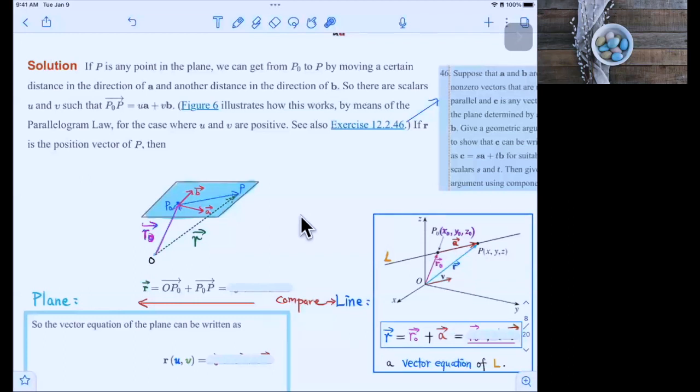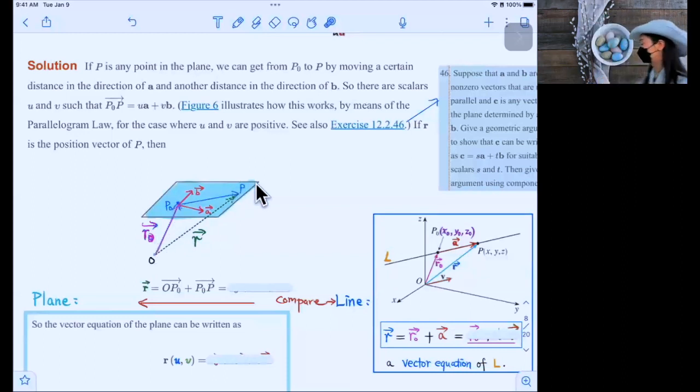So look at this R here, and this one, and this one. They form a triangle, right? So this R here is OP naught plus P naught P. The triangle rule: this is equal to this plus this.